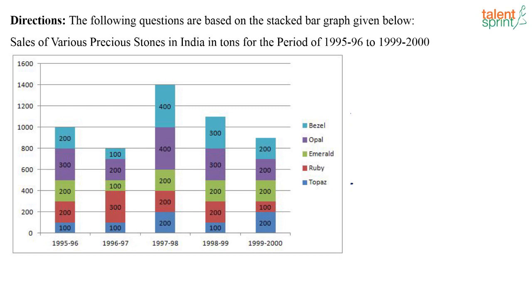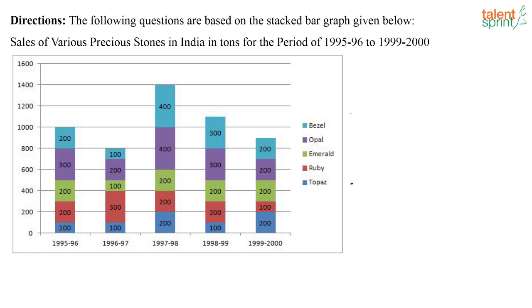Now look at bezel, right? If you look at bezel, what is happening? 100 is becoming 400. So if you look at the sales, all these represent what? Sales of precious stones. In 96-97, if I am selling 100 tons of bezel, in 97-98 I am selling 400 tons of bezel, that is 4 times.